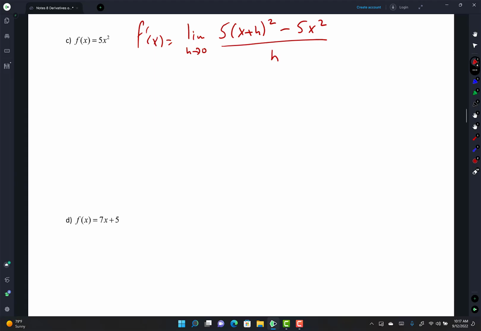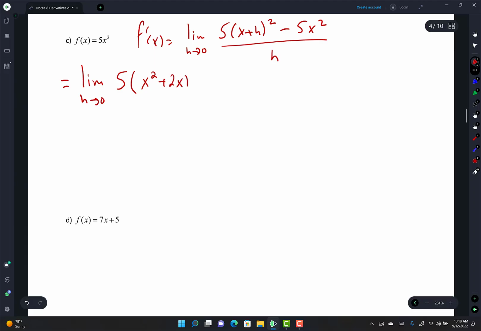Equals. X times x, x squared. X times h is xh, but you're going to have how many of them?